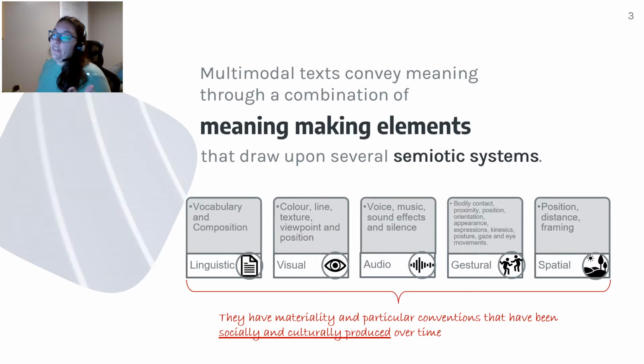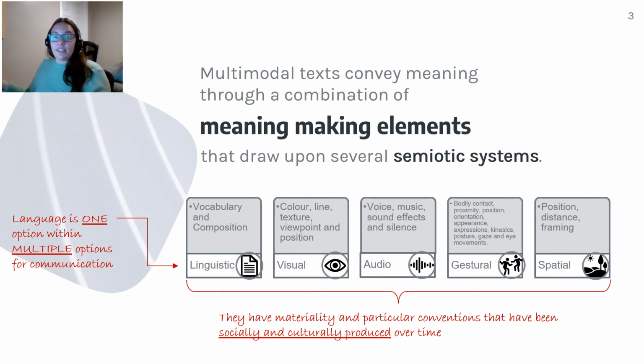And the final thing that I want to point out about these semiotic elements is that, even though it is obvious, to highlight it, language is one option within multiple options for communication. And it's the idea that we're trying to bring through this course that language should not be placed at the center.